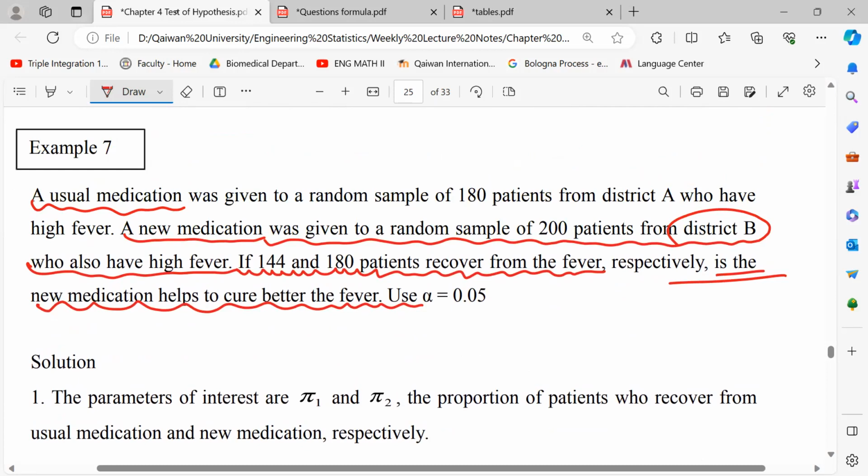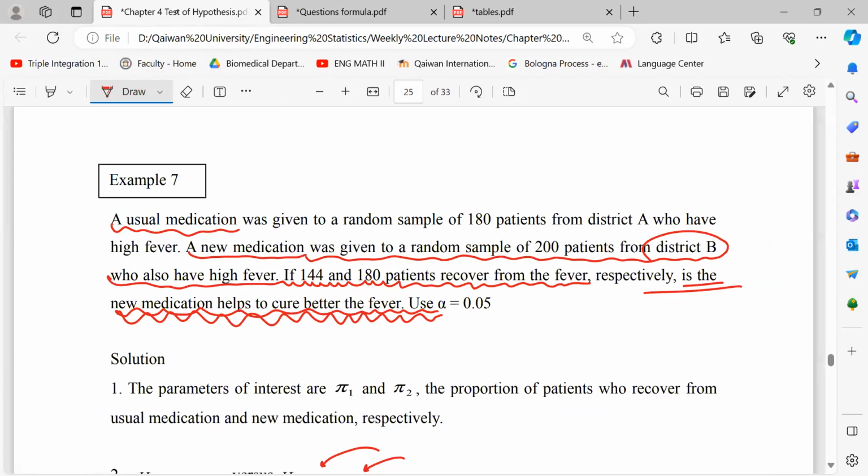As the new medication is better, the number of those people who get better from the new medication is more than the number of those who get better from the usual medication. This means pi2 is greater than pi1. Pi2 represents the proportion of the new medication, and pi1 is the proportion of the usual medication.